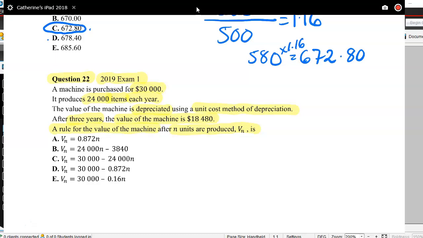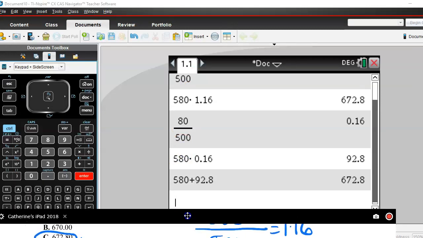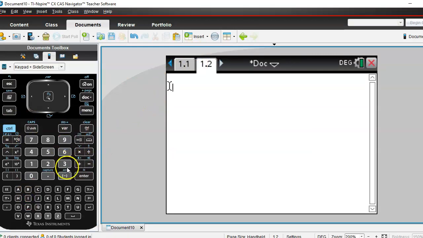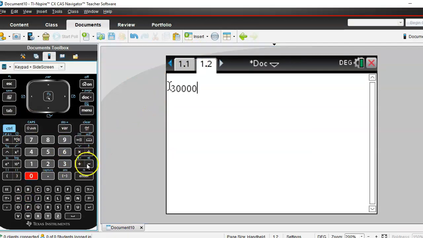After 3 years, how much has it gone down by? It's started at 30,000. It's gone down to 18,480. So, start a new page. 30,000 take 18,420. So it's reduced in value by 11,580.